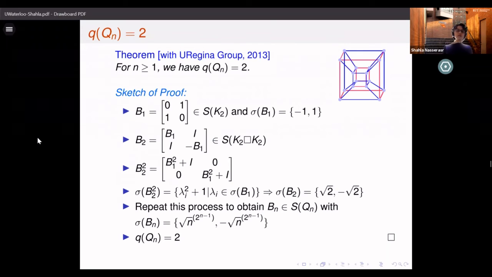So square root of n has the multiplicity of half the number of vertices, and so does minus square root of n. So that gives us Q equal to 2, of course, but again, that multiplicity is what plays a role in the sensitivity that I'll talk about later. So this is another example of graphs with Q equals 2, and as you see, we have too many of them.